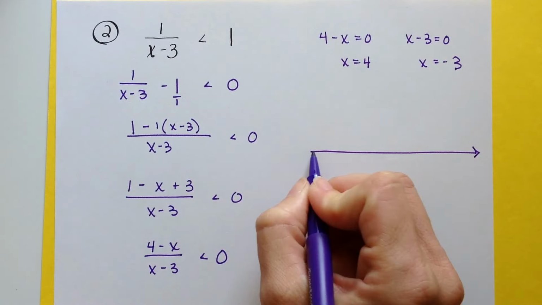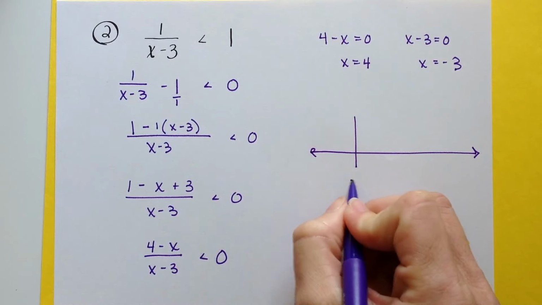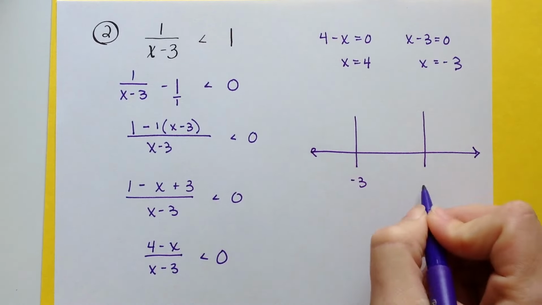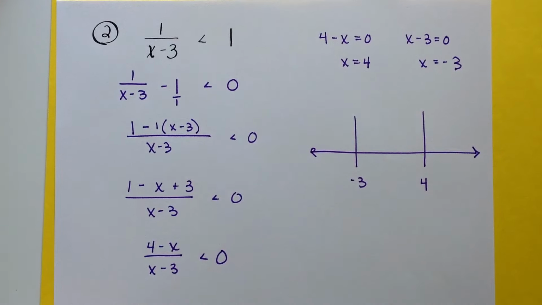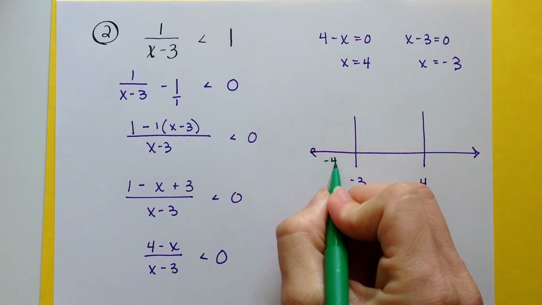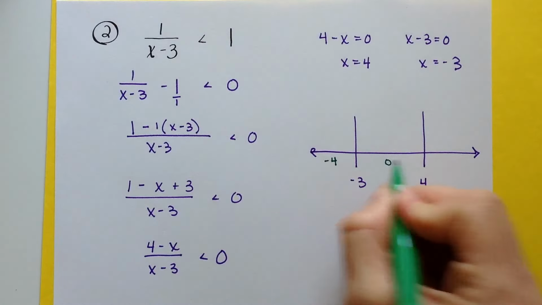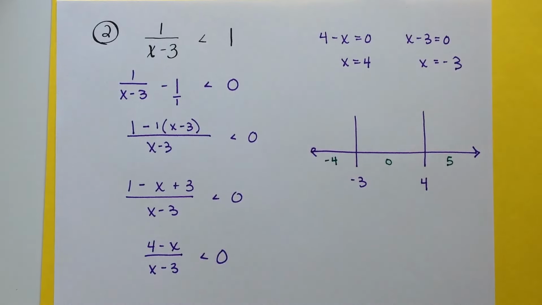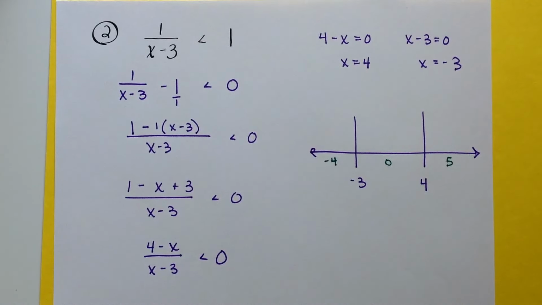Okay, do your number line. And then we need to pick a number, test value in each of these sections. So I'll go with negative 4, 0, and 5. Now, in plugging these in, the other ones I kept going back to the original, but the original already had 0 on one side.